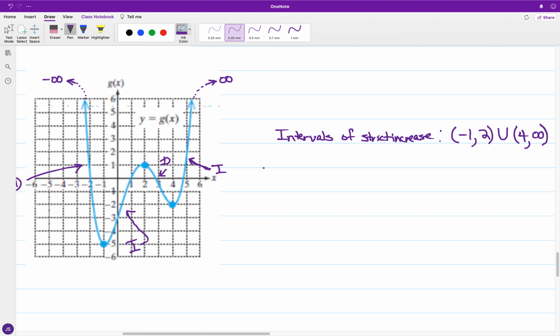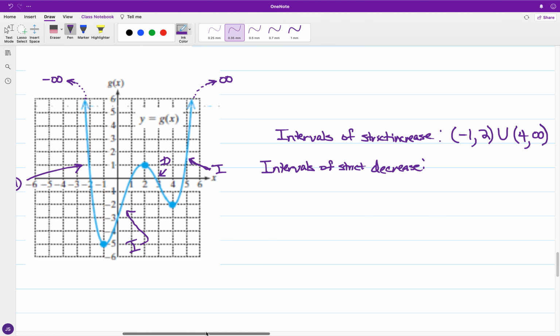So the intervals of strict increase, you have again describing these two specific graphed portions, and for the intervals of strict decrease, this is where we're going to have the downward trend.